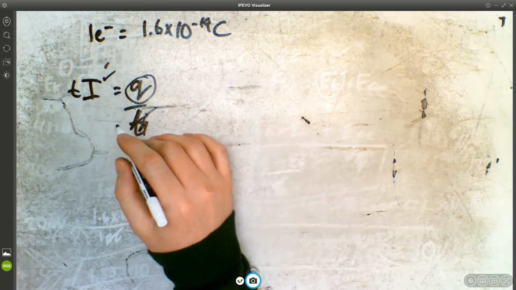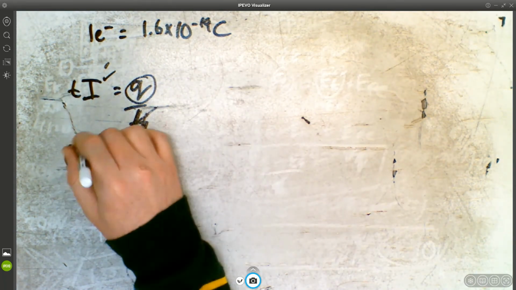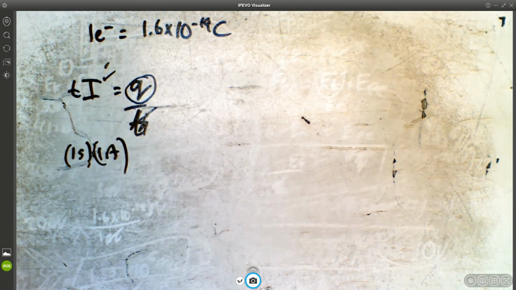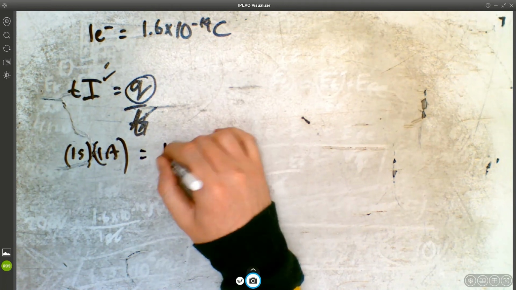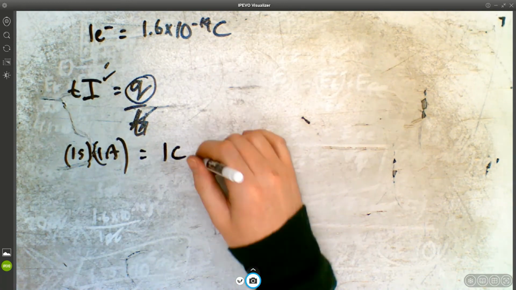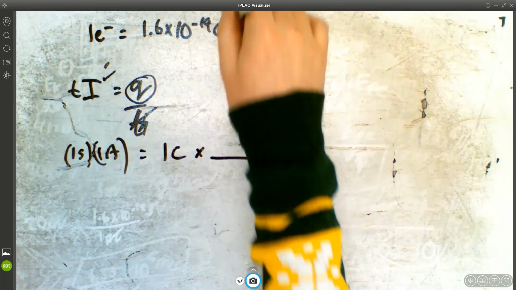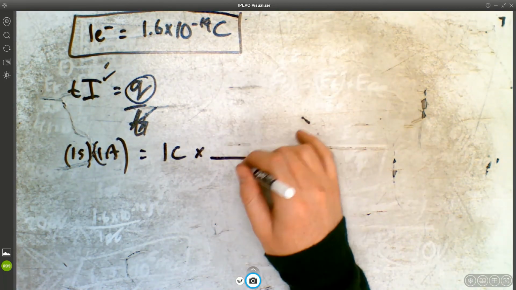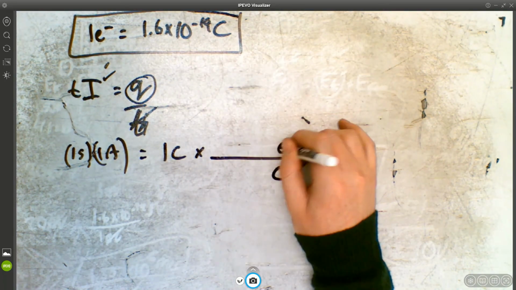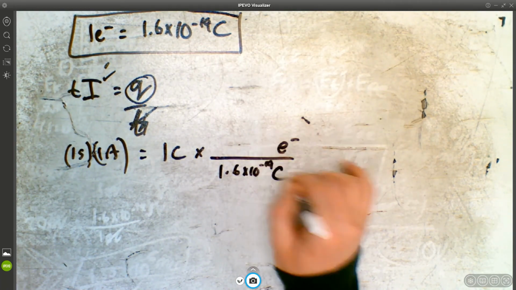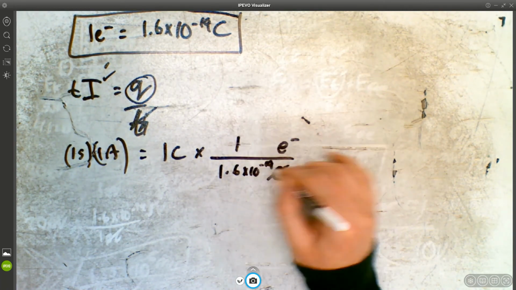So our time is 1 second. Our current is 1 amp, symbolized with an A. So our charge is 1 coulomb. Well, that's really easy. But it's asking for how many electrons pass a point. So now what we need to do to finish it off is we want to turn coulombs into electrons, and we know that 1.6 times 10 to the negative 19 coulombs is equal to 1 electron.